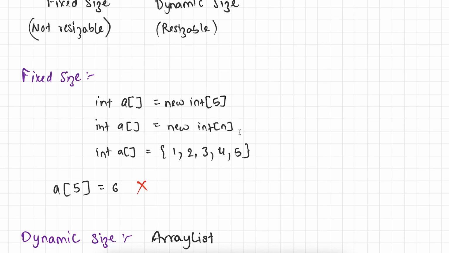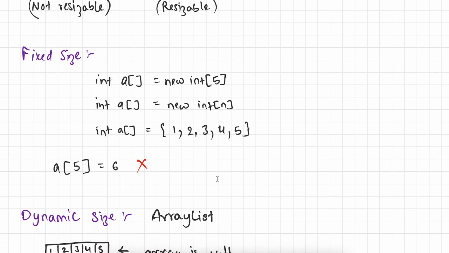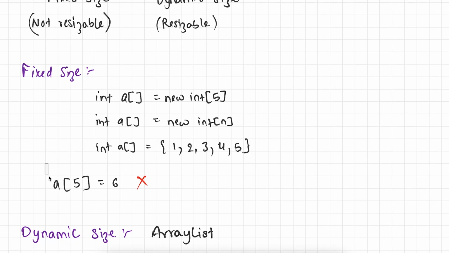If the user passes 5, it creates an array of 5 elements. If the user passes 10, it creates an array of 10 elements. But still you cannot increase or decrease the number of elements in the array. This syntax directly initializes 5 elements in an array. Now if you want to add a new element at the 6th position, it simply throws an error because it is a fixed size array and that is not allowed.